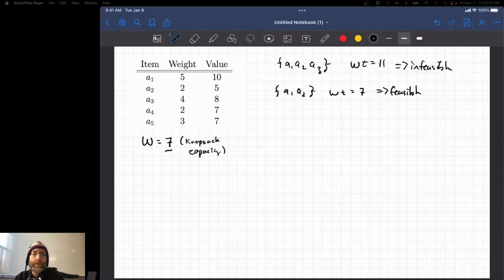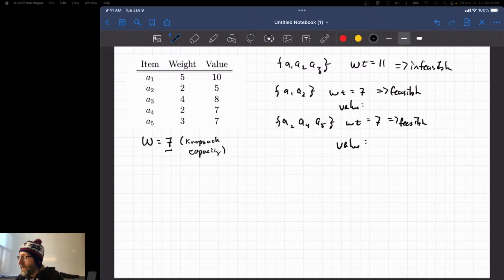Well, here's another one. What if we didn't take A1, the most valuable thing? What if we instead took A2, A4, and A5? That weight is going to be 2, 2, and 3. So it meets the capacity perfectly, and so it's feasible. But what's the value here?